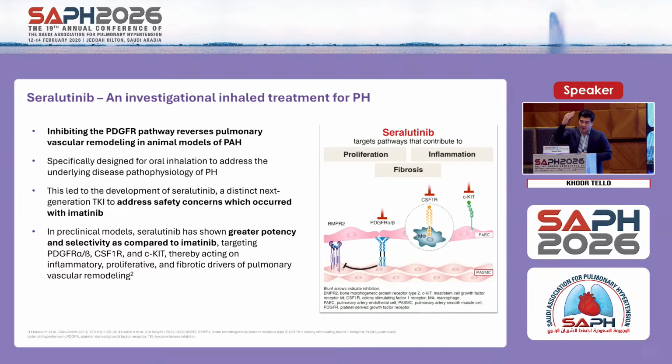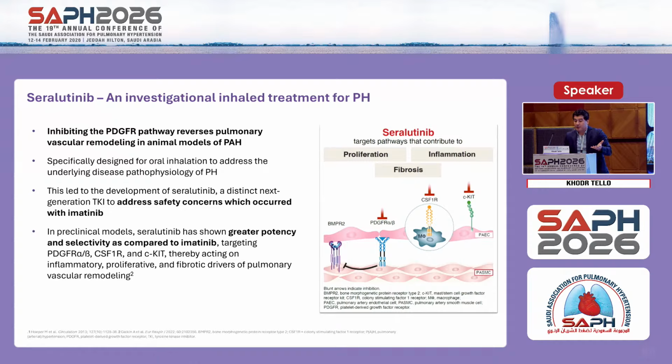In order to overcome these side effects, the safety concerns which occurred with imatinib, seralutinib is an oral inhalation to address the underlying disease, but also again inhalation. This is a very good part because just think of the MIGET and to overcome the systemic side effects with subdural hematoma. So two points which are very, very important in this regard.